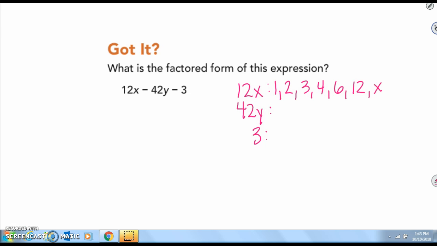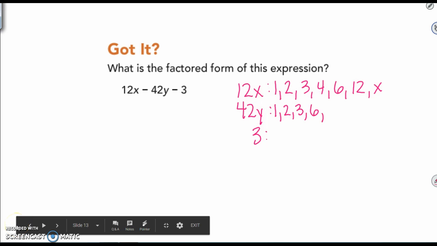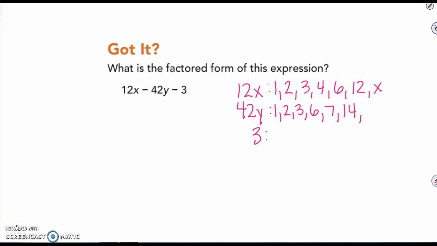My factors of 42y are 1, 2, 3, 6, 7, 14, 21, 42, and y. My factors of 3 are 1 and 3. As we can see, our greatest common factor is 3, so 3 will go outside of our parentheses.